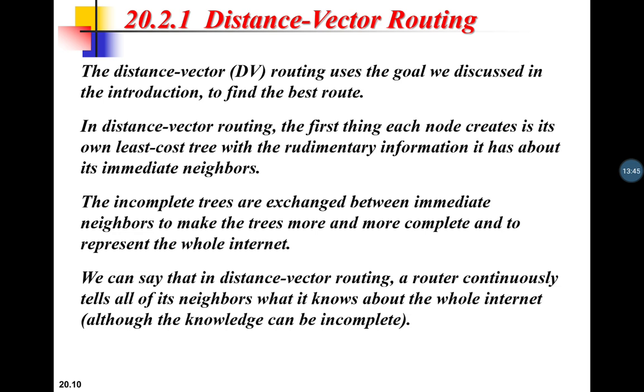The incomplete trees are exchanged between the immediate neighbors to make the trees more and more complete and to represent the whole internet. That is what happens here. And we say that in distance vector routing, a router tells all the neighbors what it knows about the whole internet.